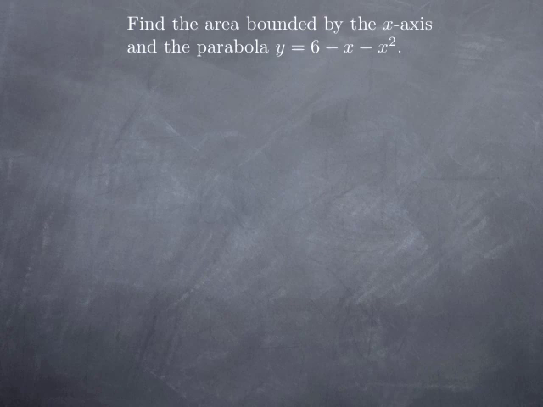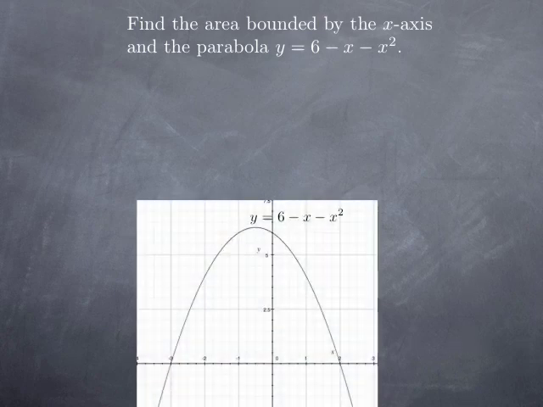More specifically, if you draw the picture, this is the graph of the function 6 minus x squared, and indeed this is a parabola opening downward. And so the area that is considered here is the area that is above the x-axis over the interval that looks like negative 3 to 2 and below the parabola.